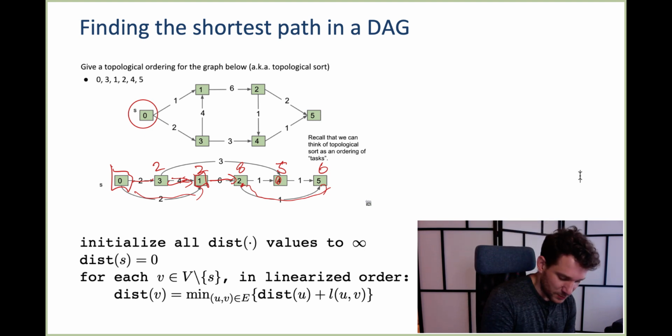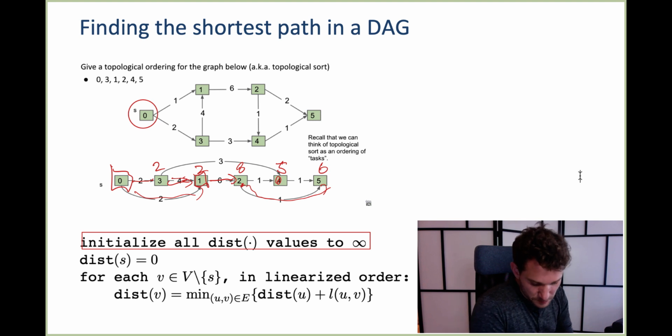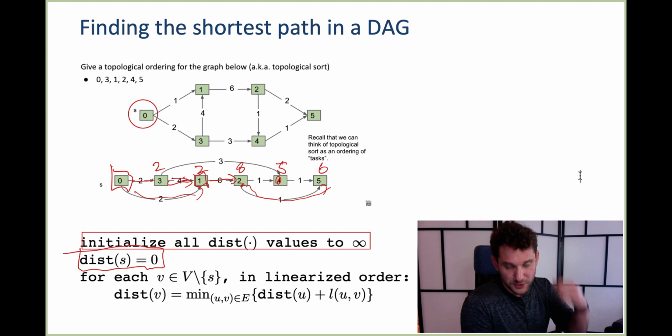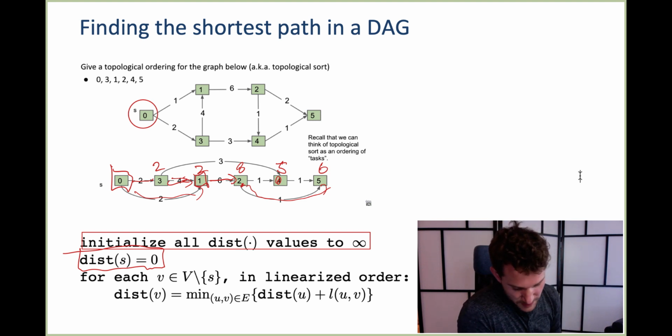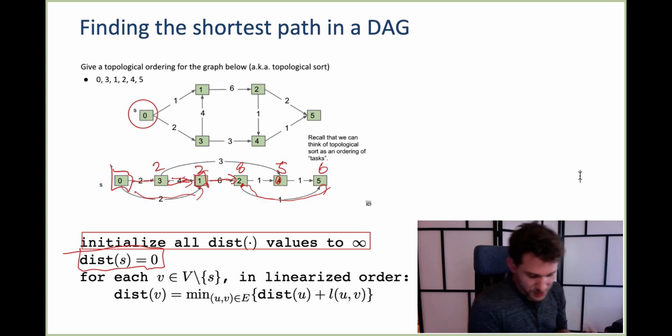So here I've highlighted what the algorithm is. You can just initialize all the distances to infinity, just initialize it to some basically maximum value. You write the distance to the source node is 0. That's getting from the source node to the source node takes no time at all. And then for each node in this graph, in the topologically sorted order that we've created, we just do the following.